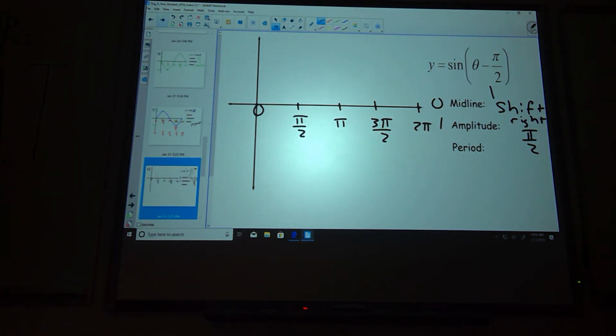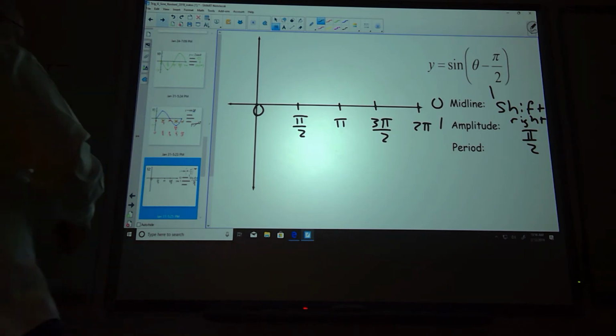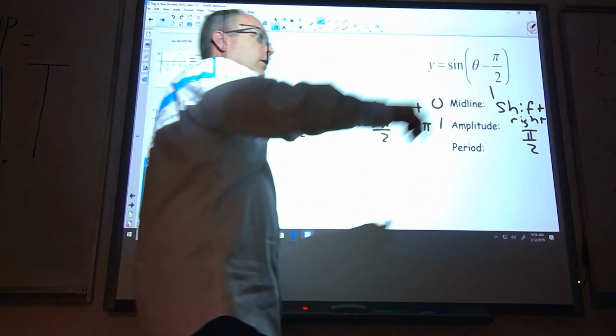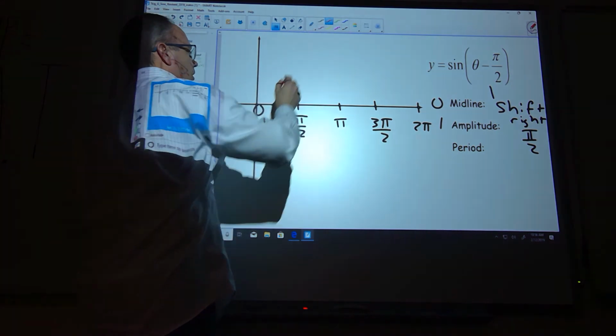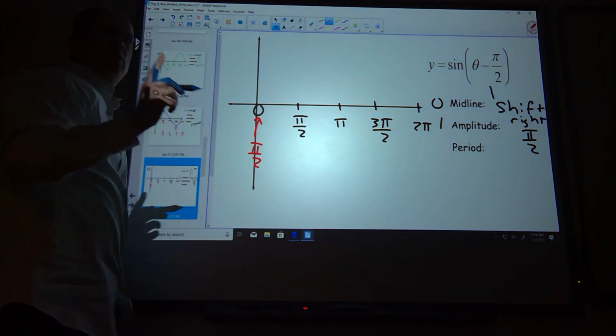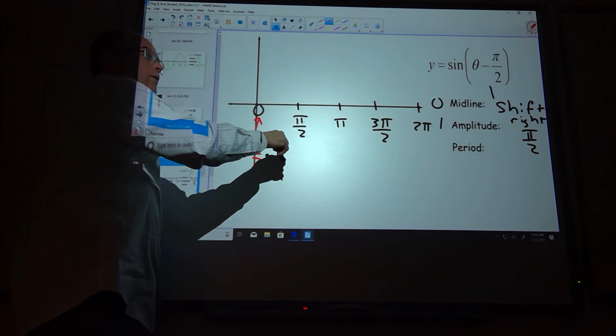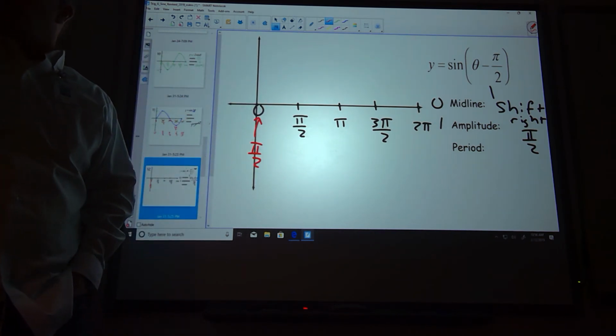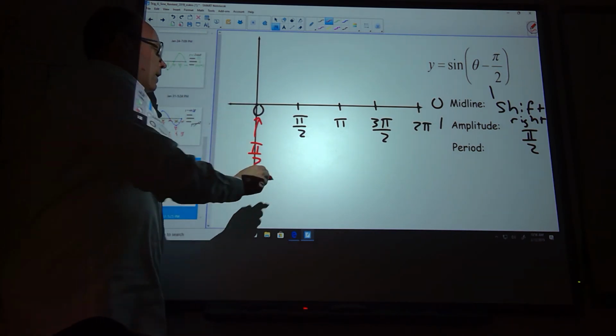Friends, listen real quick. I still have you for a couple minutes. If I shift right pi over 2, oh, you can add just pi over 2. Good. I add pi over 2 to this. So this becomes pi over 2. Still with me? If I add pi over 2 plus pi over 2, I get 2 pi over 2, which is pi.